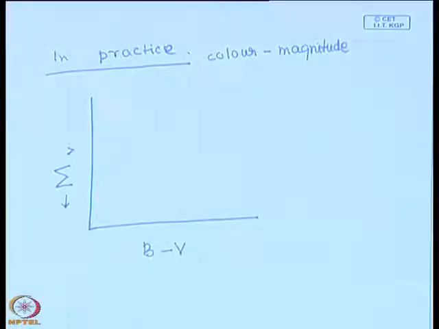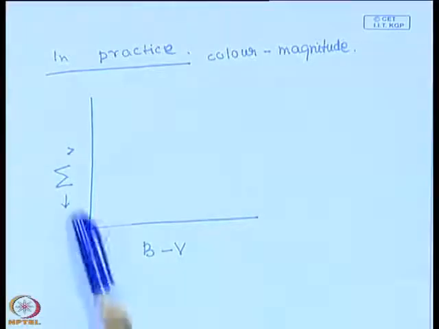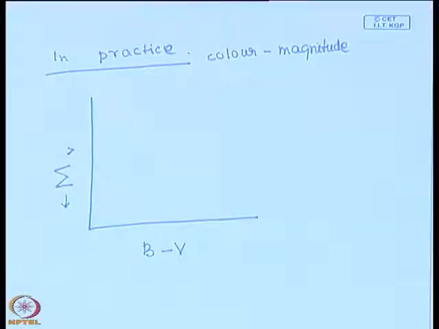Now, a point which I should make, that early on when this diagram was introduced, at the end of the 19th century or beginning of the 20th century, people had no method of determining distances to stars except for parallax.